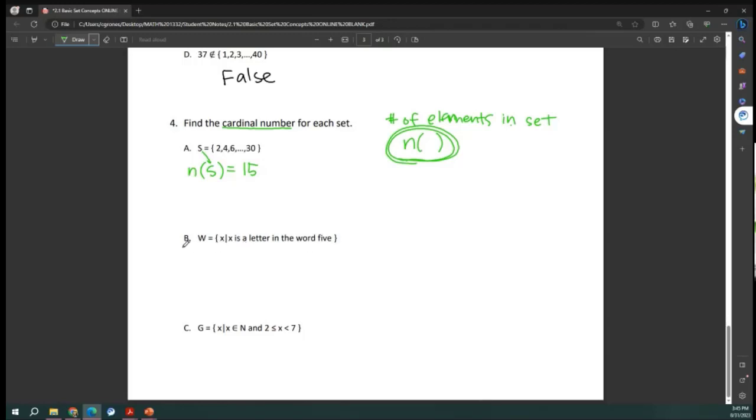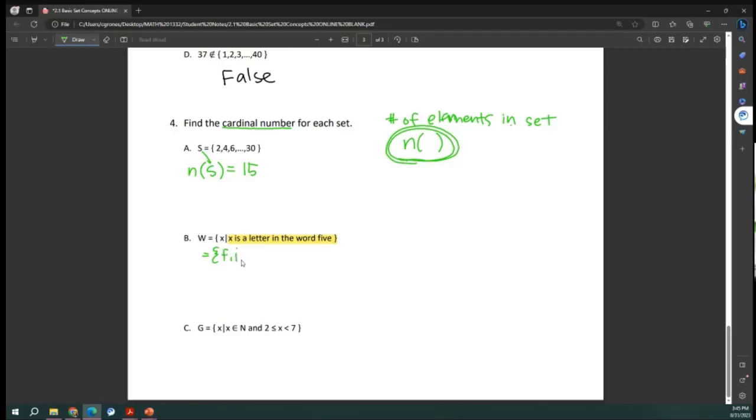All right, on B, it says we have our set W, and the main thing that we're looking at is this condition right here, which says that X is a letter in the word five. So if we were to list out this set using roster method, it would look like this.